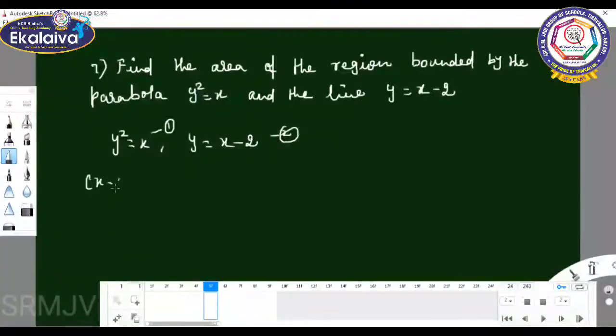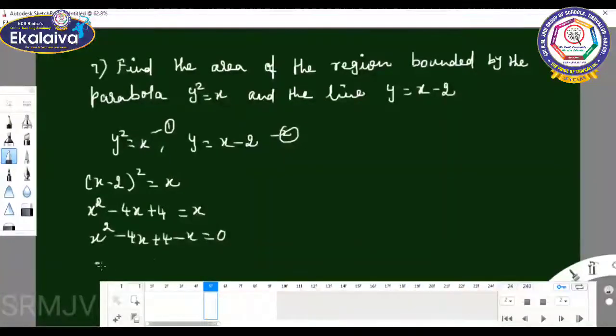Substitute y equal to x minus 2 in this equation. So x minus 2 the whole square equal to x square minus 4x plus 4 equal to x. So x square minus 4x plus 4 minus x equal to 0, x square minus 5x plus 4 equal to 0. Sum equal to minus 5 and product equal to 4.